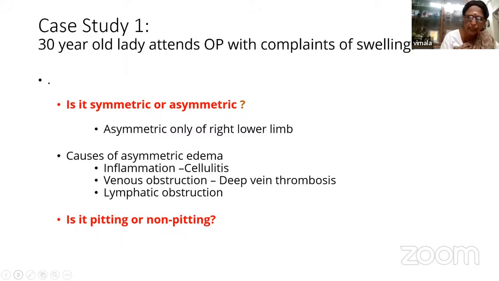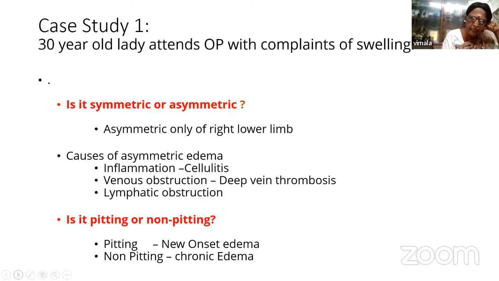The whole limb is swollen, but there is no pit that appears due to pressing. Okay, so what does this mean? If it is pitting, it is a new onset edema. If it is non-pitting, it is a chronic edema. So when you come across edema, you have to see whether it is a pitting edema or a non-pitting edema. Is this edema confined to a local area, or is it a symmetric generalized involvement?